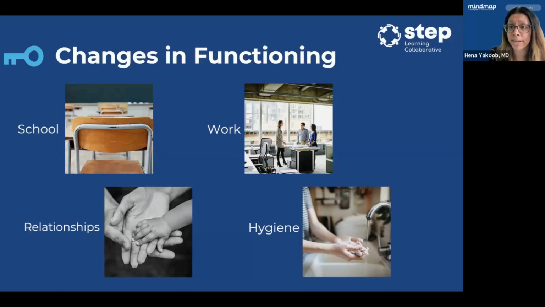Are they still going to class, or are they having trouble even getting up and going? Along the same lines with work, relationships. This could be not only romantic, but also relationships with family, relationships with friends, ability to sustain those, and concerns over increasing isolation is usually what we see in people with primary psychotic disorders.